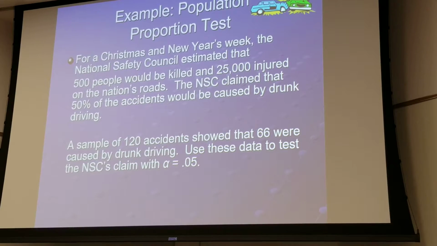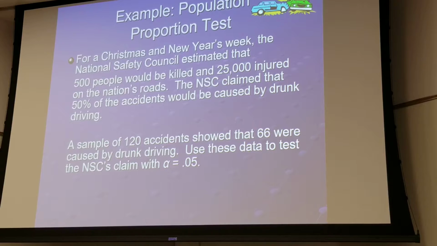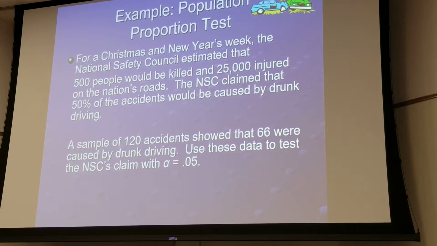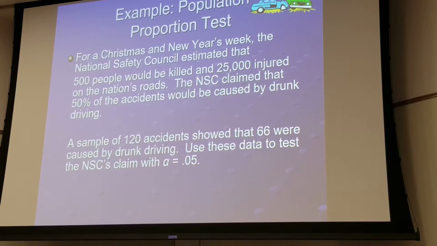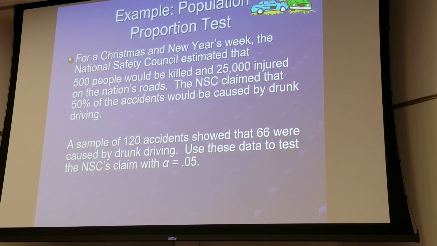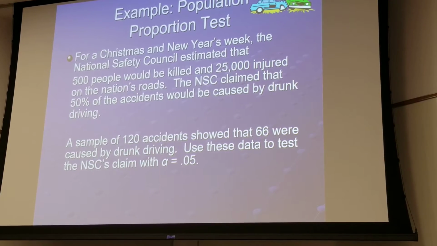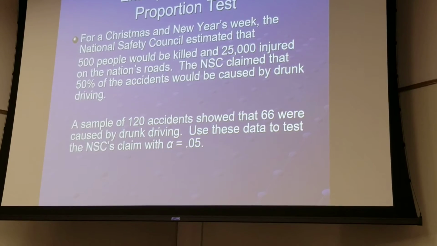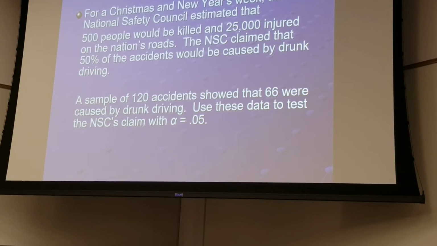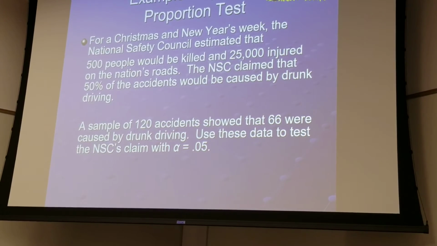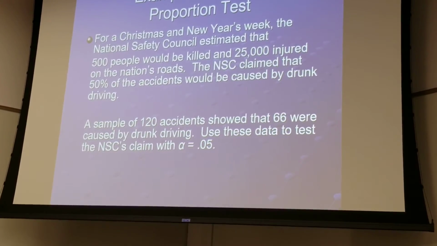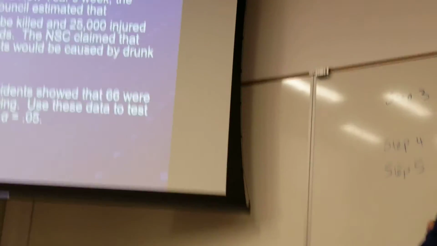They took a sample of 120 accidents, and it showed that 66, and I think your notes say 67, but I changed it to 66 because 67 gives you a repeating decimal, and it's much easier math. So make that 66, and use this data to test their claim at alpha 0.05.